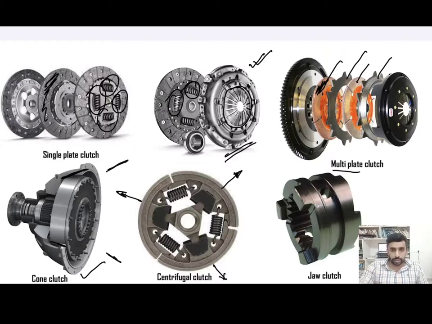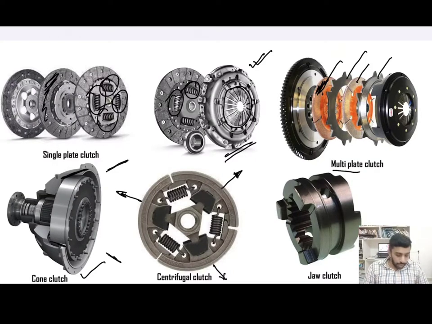When you accelerate, the speed increases gradually. When you increase the acceleration, more centrifugal force is developed, so all these clutch pads expand outward and come into contact. More and more centrifugal force acts on the clutch shoes, and the engaging and disengaging happens.